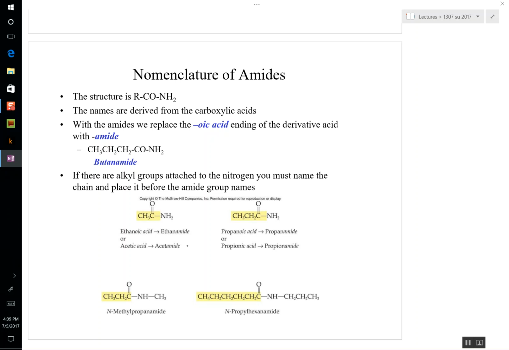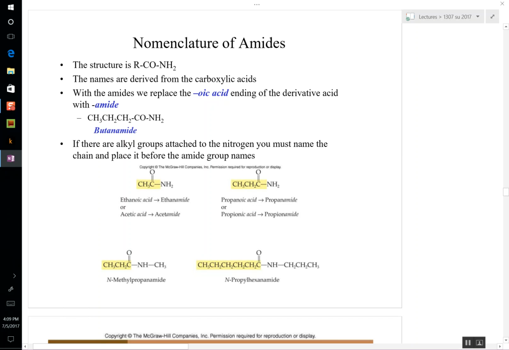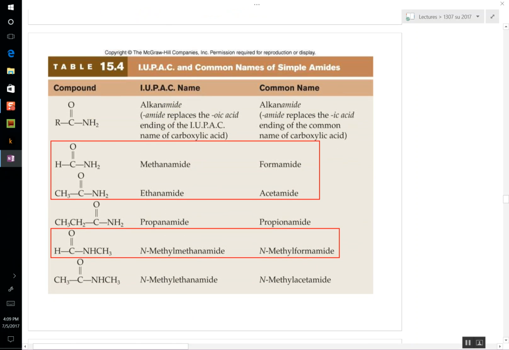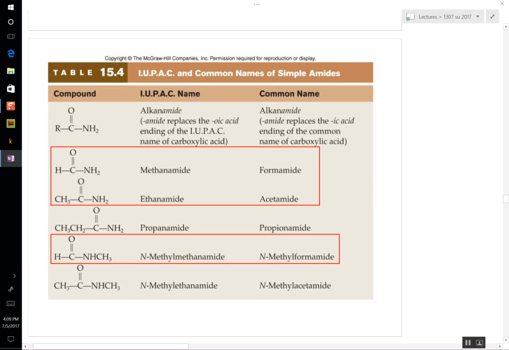Are those the 4 you want us to know? No. Here are the 4 I want you to know. This one. You see there's only 1 carbon there. There's no methyl group there. Just 1 carbon. So that's methanamide. If that were an OH, you'd call it formic acid, so it's formamide.